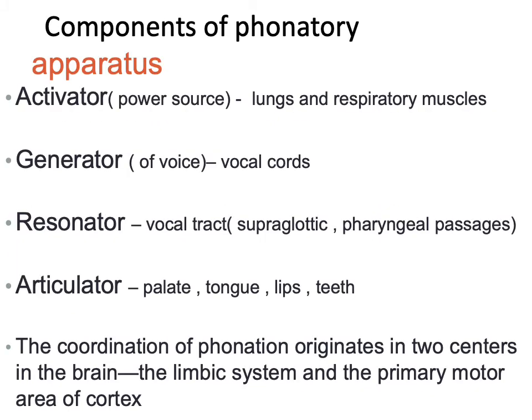Now, components of the phonatory apparatus. The different phonatory apparatus are the activators, that is the power source. The power source of phonation comes from the lungs and the respiratory muscles, which provide the required energy. Then there's the generator of the voice, that is the vocal cords.